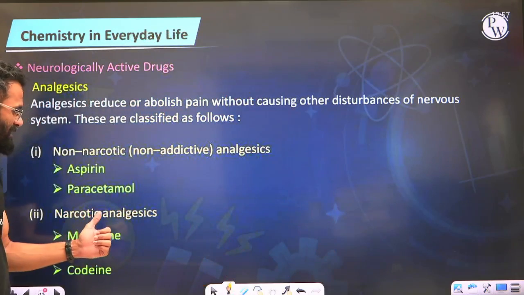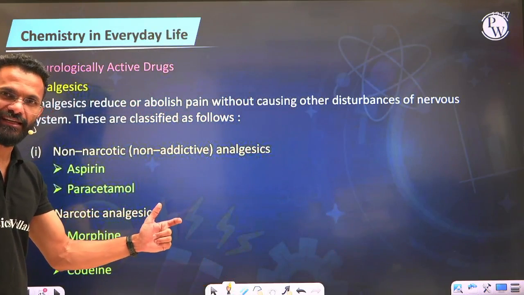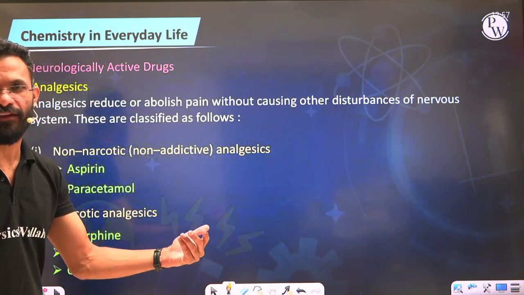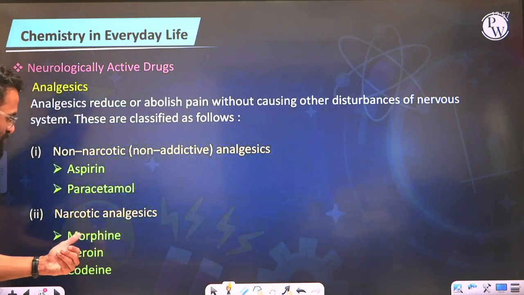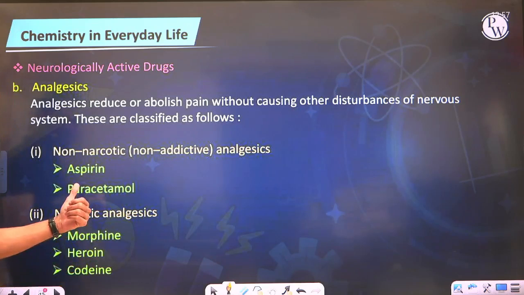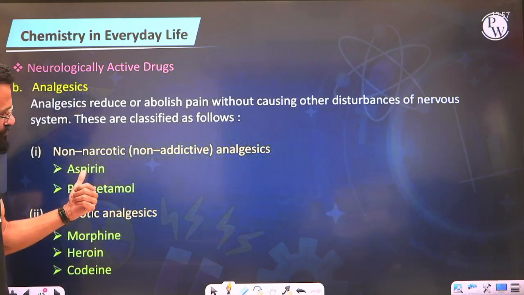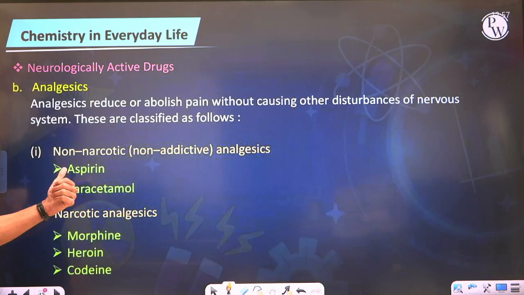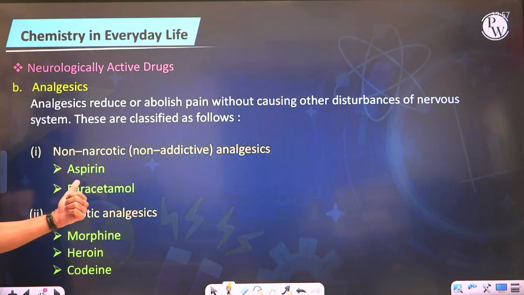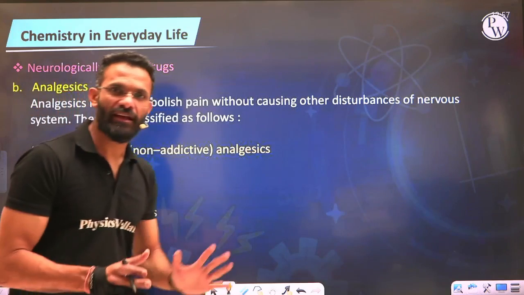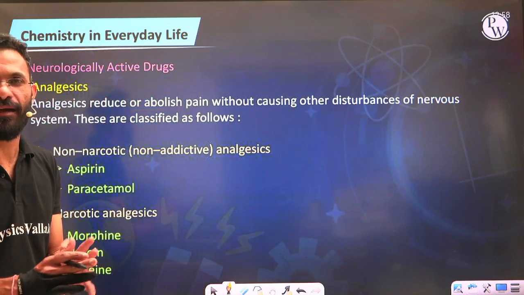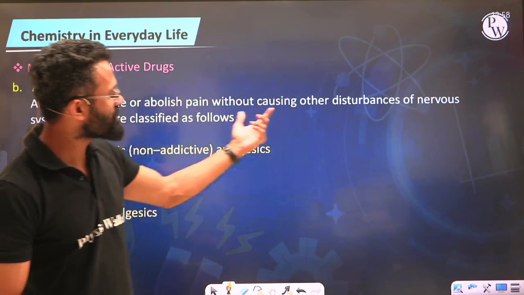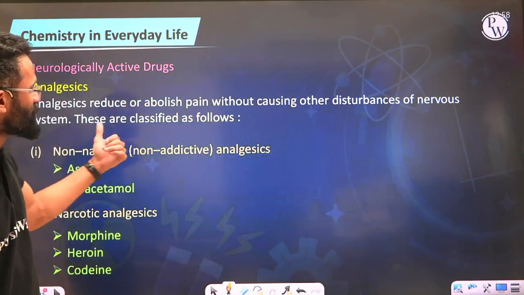So narcotic analgesics are addictive and are used against unbearable pains such as post-operative pains, or pain in a person who has undergone cancer treatment. Whereas for general pain, we give aspirin and paracetamol. So in general, analgesics are painkillers which abolish the pain without any side reaction, as in without causing any other disturbances to the nervous system.